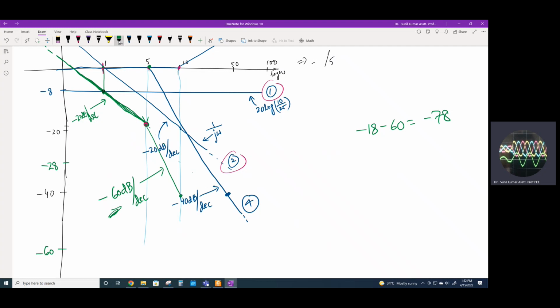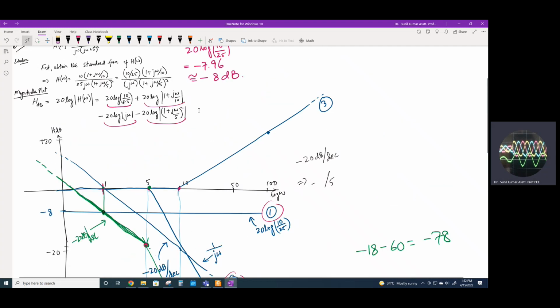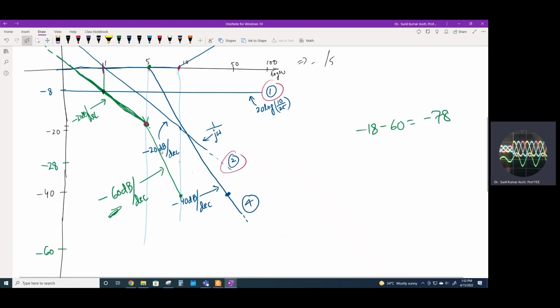All right, so after reaching omega equals 10, we have line number 3 into action, which has a slope of positive 20 dB per decade. So the effect of this line on our original resultant line is to reduce its negative slope from minus 60 dB to minus 40 dB per decade.